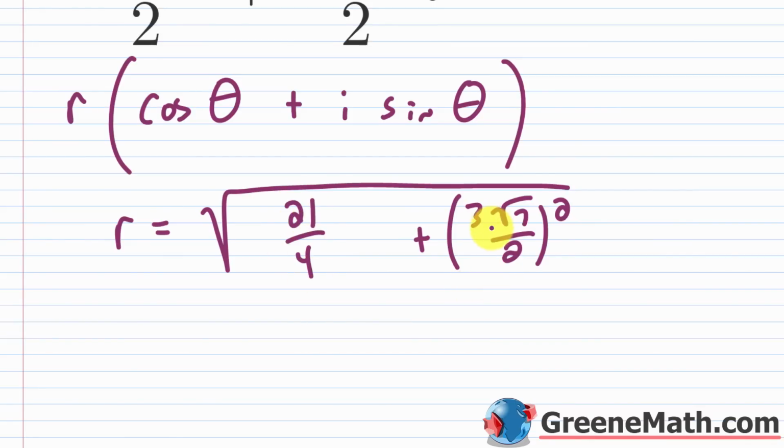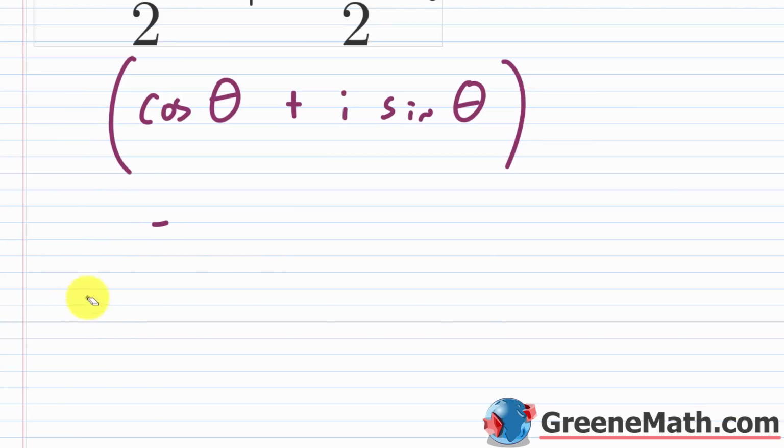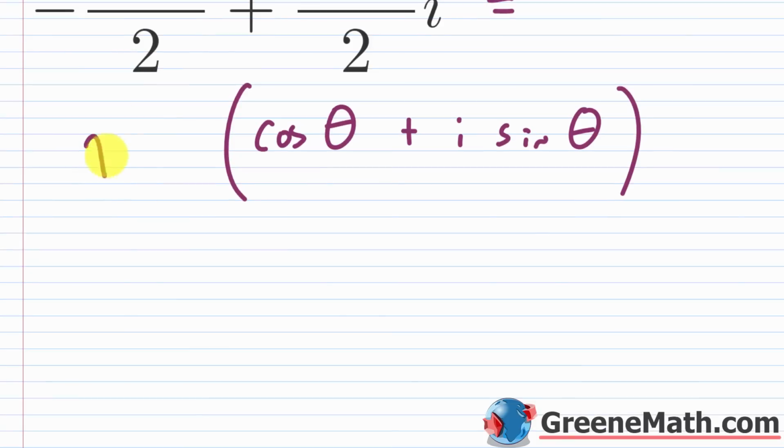For the second, 3 squared is 9, square root of 7 squared is 7, so 9 times 7 is 63, over 4. Adding 21 plus 63 gives 84, so 84 over 4 gives 21. Now 21 is 7 times 3, so I can't do anything with this. My R value is the square root of 21.